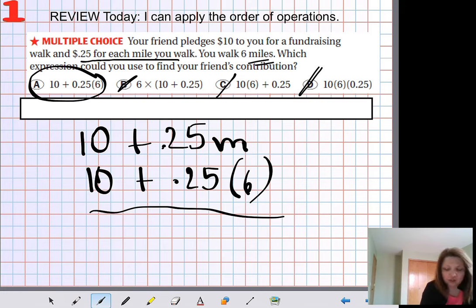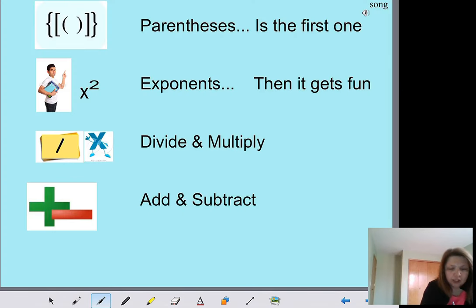Now, that was just a warm up, thinking about some combinations. Let me remind you, when we talk about order of operations, one of the most basic rules that we follow is what we call the PEMDAS rules. With PEMDAS, we focus first on parentheses, if there are any.